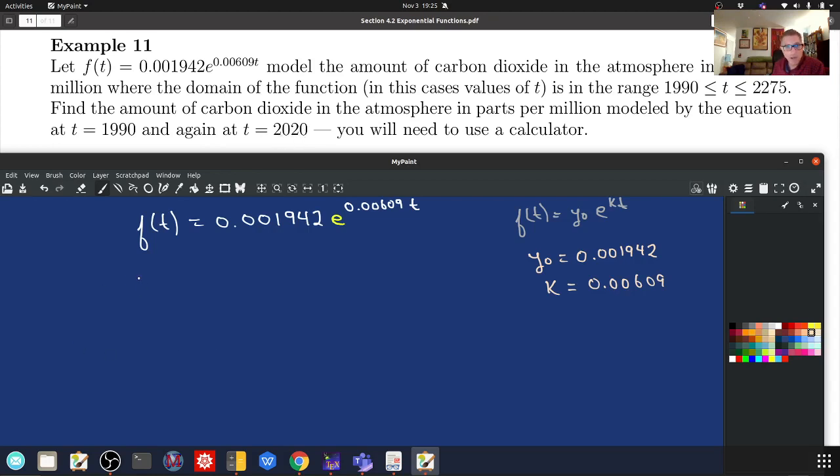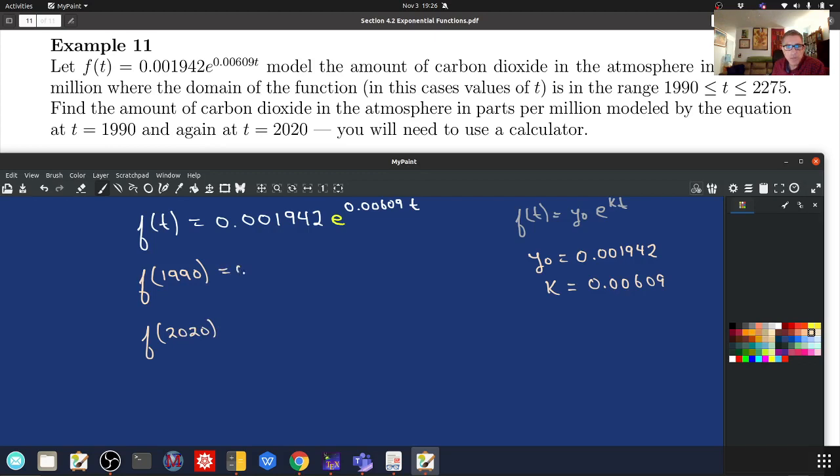So literally all we're asked here is to find the value of f of 1990 and f of 2020.